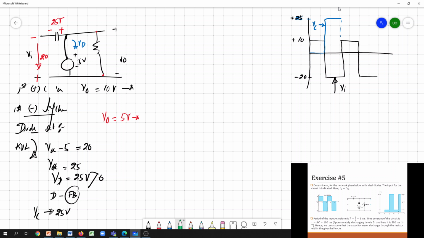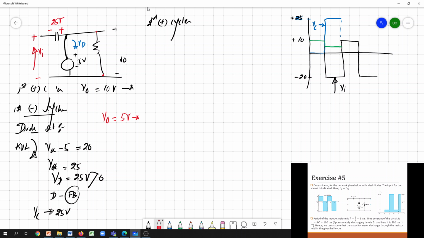So V out is 5 volt. So in the previous case it's like 10 volt, then 5 volt. So we'll then consider the second positive cycle. So then again your input is something like that.